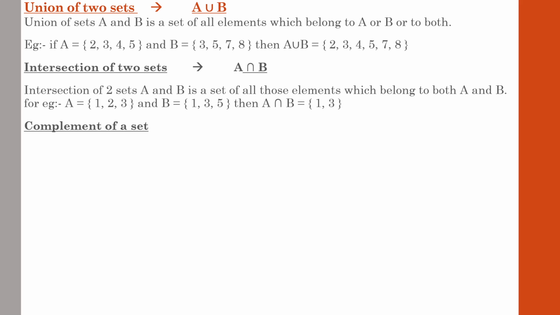Before we go into the set theory concept, remember there is a bigger concept in set theory that is represented by the term universe. Universe means whatever you are studying, all the items in that particular subject. For example, alphabets. How many alphabets are there? 26. So universe means 26 letters.